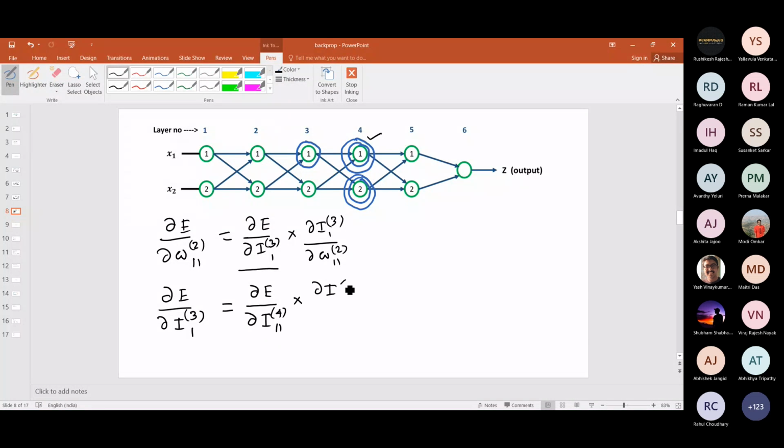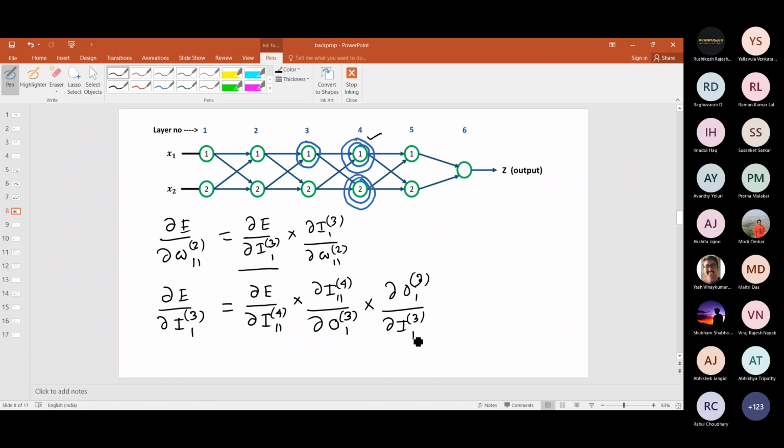Then del I411 with respect to the output of this previous neuron, which is del O31, and then del O31 with respect to del I31. Anybody has any objection? So this is the key to everything.